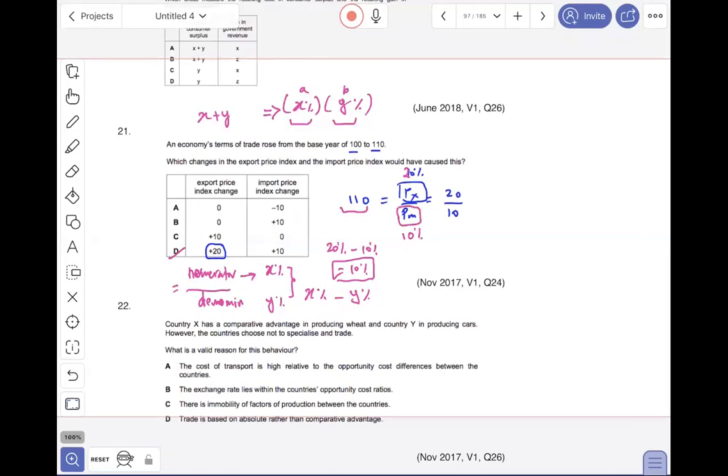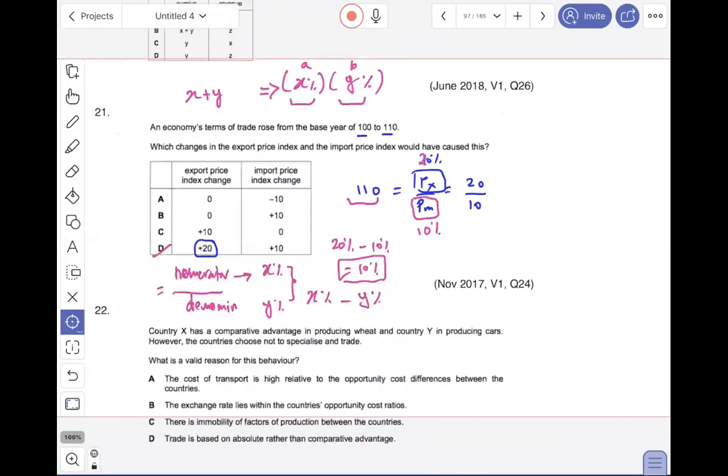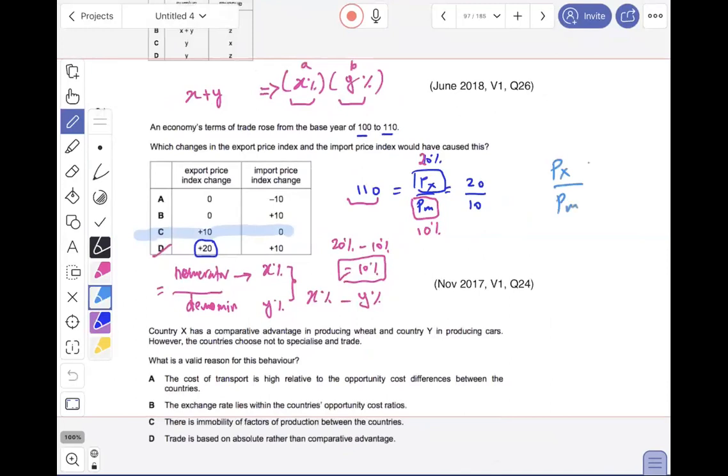Okay. So in this question, it's saying the country's terms of trade has gone up from 100 to 110. One possible answer could be, I agree with you guys, C, which is export prices going up by 10%. If PX over PM is going up, PX by 10% and PM by 0, then 10% minus 0 is also 10%.